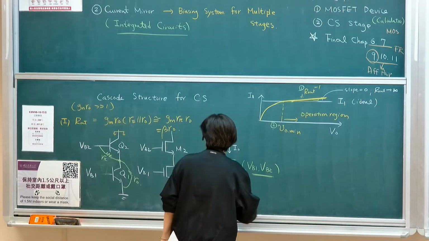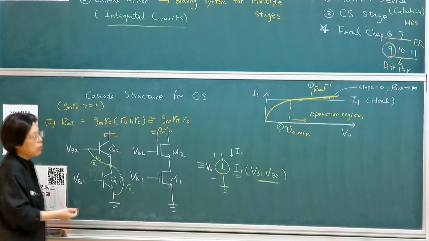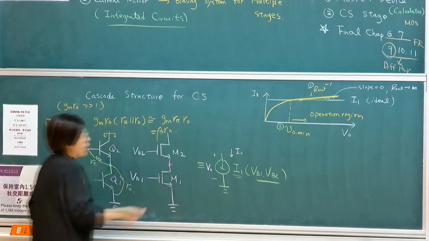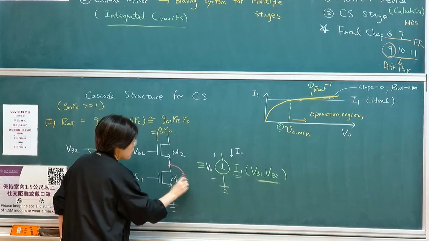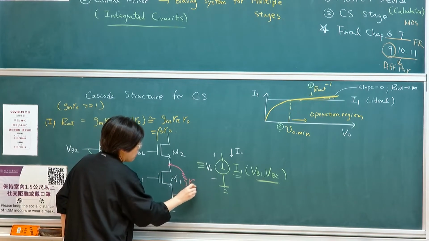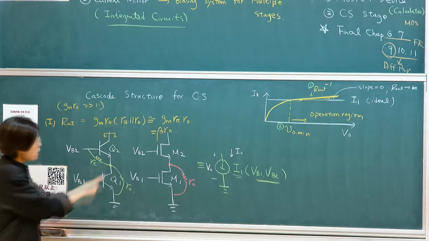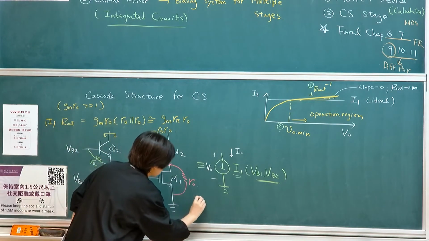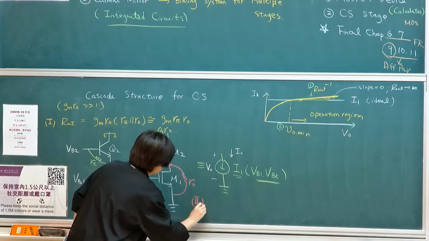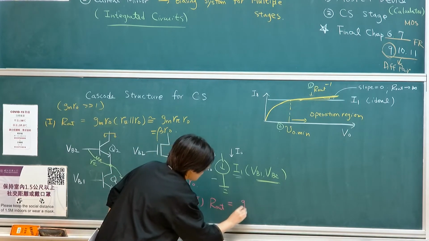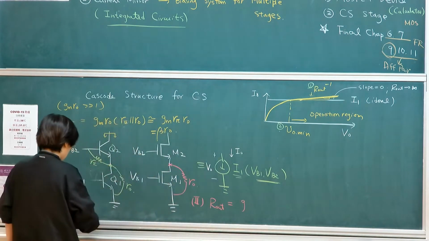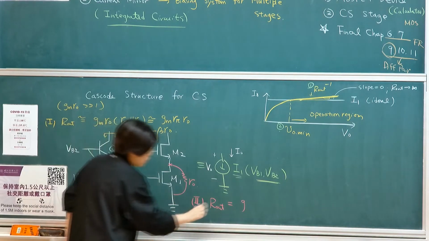Let's look at the MOSFET version. For the MOSFET, you also look at this terminal. At this source terminal, there's only one resistance, right, ro. So basically, you follow the same equation. So for circuit number 2, the MOSFET version, I'm just going to use it approximately.